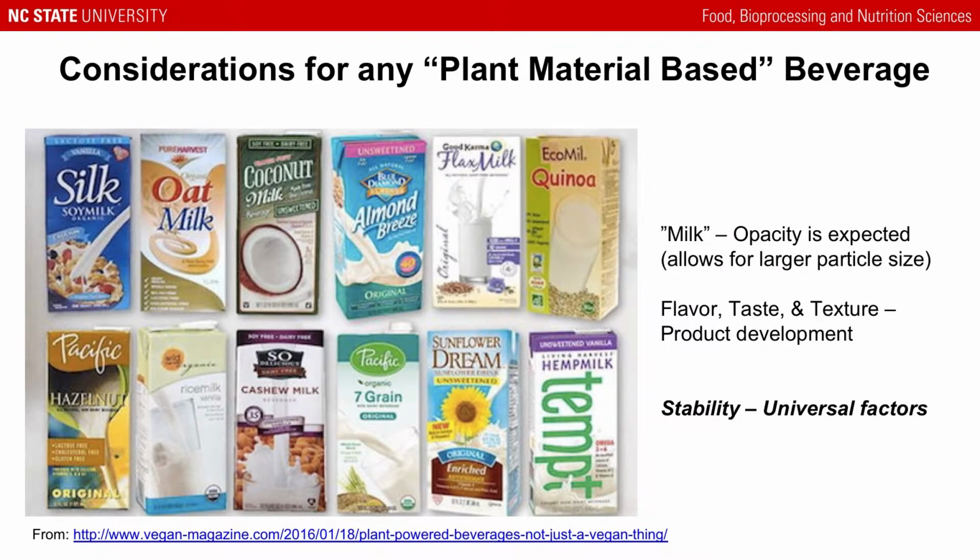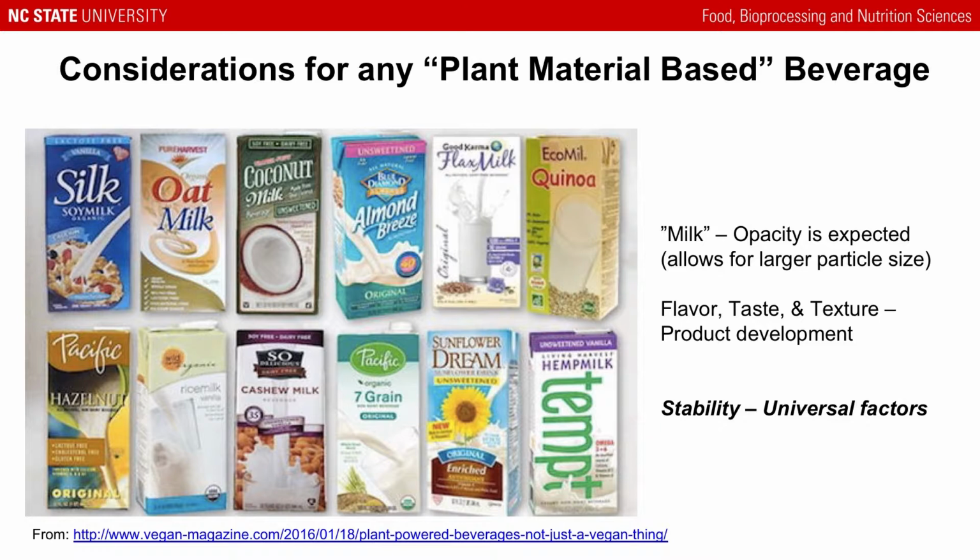Okay. Now, let's go to all these plant-based material beverages. If you're in the dairy industry right now, there's a lot of push against calling these things milk. People don't like that because it's definitely not. You don't tend to milk an oat, at least the best I can tell. You can't get much milk out of oats.